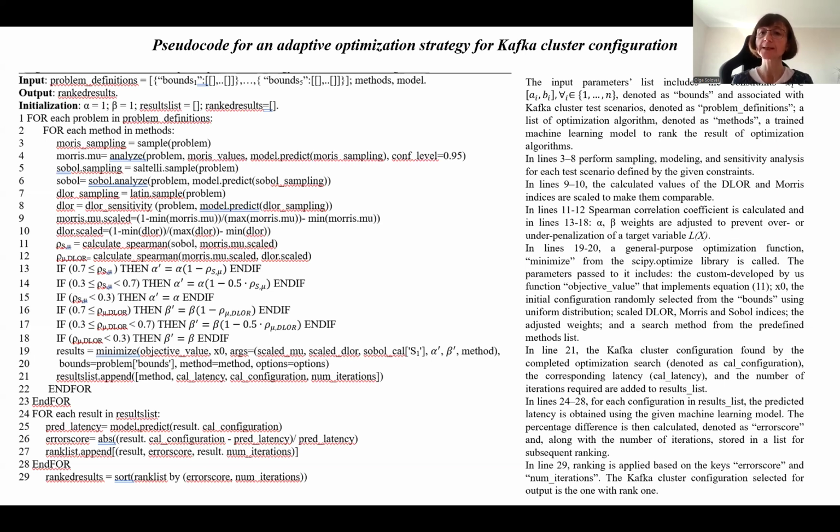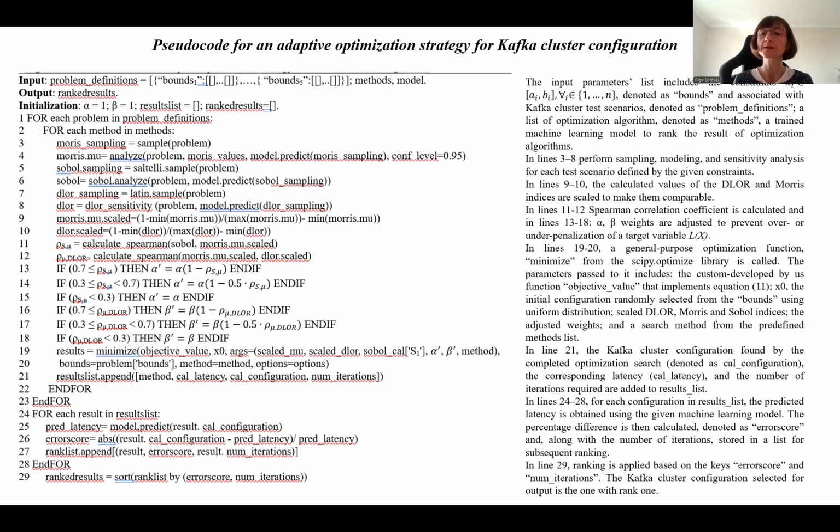Then X0, the initial configuration of a Kafka cluster randomly selected for the start iteration. Then the calculated values scaled by sensitivity indexes, Delors, Morris, and Sobol indexes, finally the adjusted weights, and the list of the optimization search algorithms.